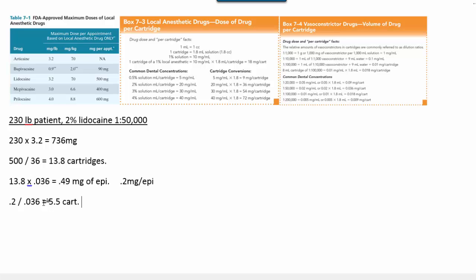So our 230-pound patient can only have 5.5 carpules of 1 to 50,000 2% lidocaine anesthetic.